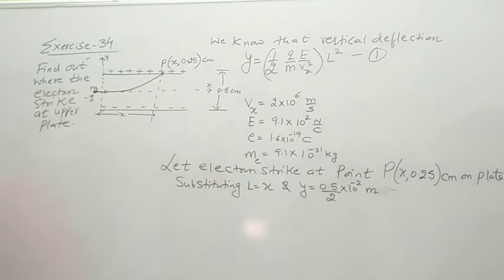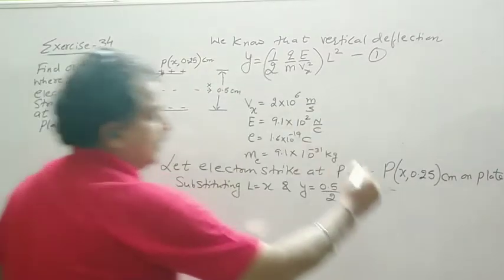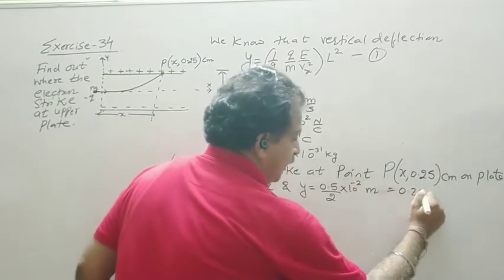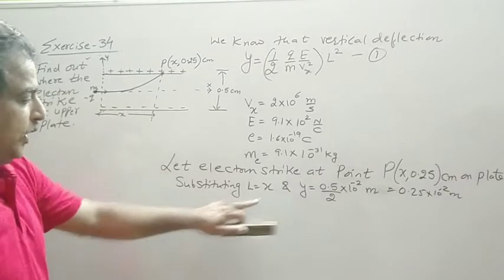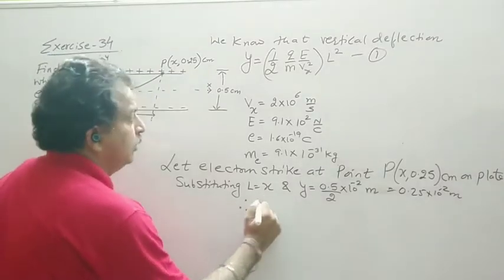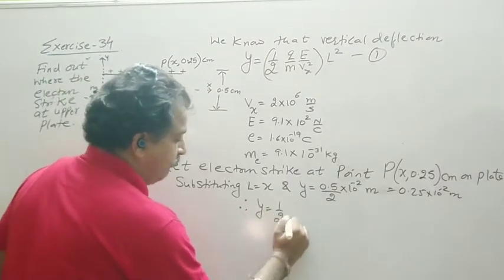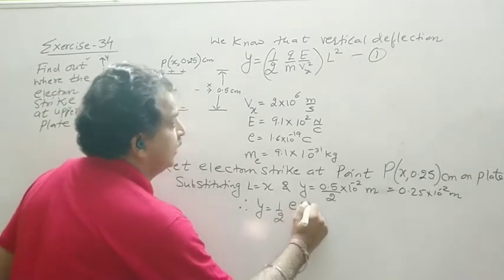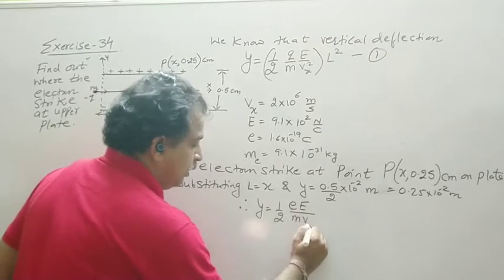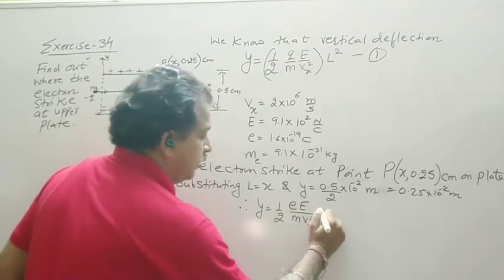Now we substitute this value, that is equal to 0.25 into 10 raised to minus 2 meter, and we have to find out x. Therefore, y is equal to half, and since we have an electron, I write e upon m Vx square, x square.